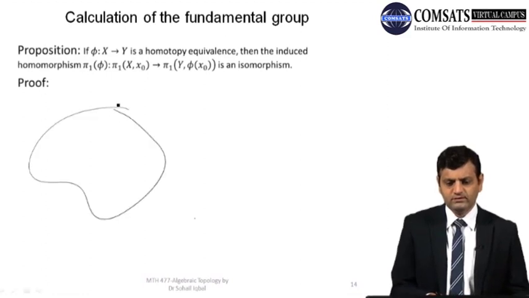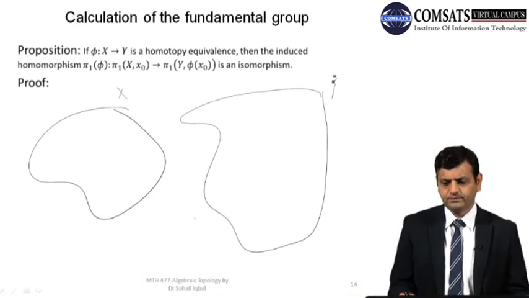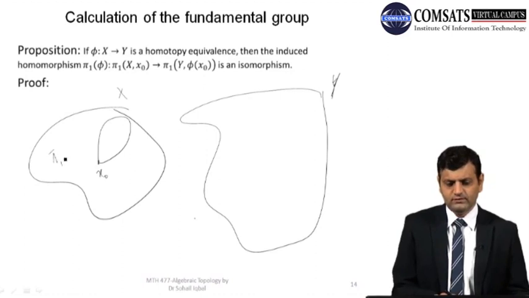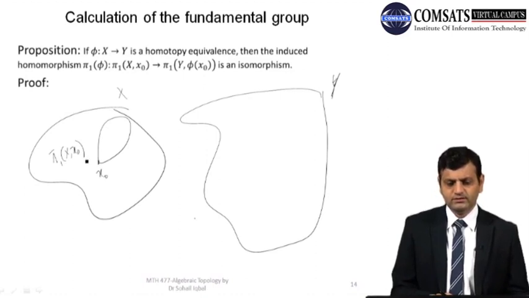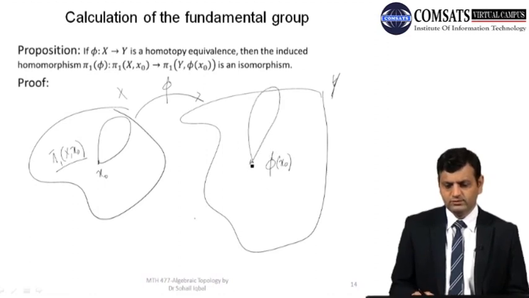So if we have this map x and this map y, and x naught is a point, and there exists this pi 1 of x, x naught, the fundamental group of path classes at x naught, and this is phi of x naught, and if we have a homotopy equivalence between these two spaces, then the fundamental group pi 1 of x, x naught is isomorphic to the fundamental group of y, phi of x naught.